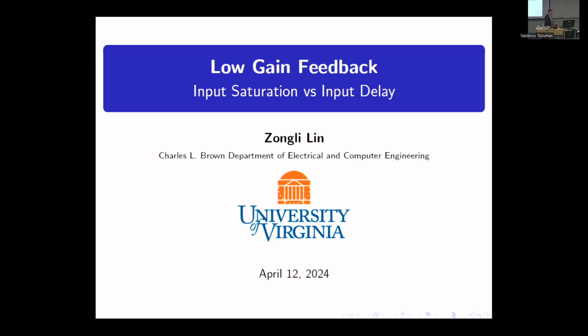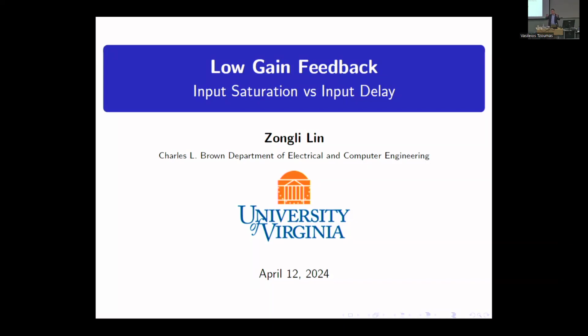So today I'm introducing this topic, low-gain feedback, which is a design method, basically, right? And I brought these two application areas. Low-gain feedback is not particularly effective for dealing with saturation, nor dealing with time delay.